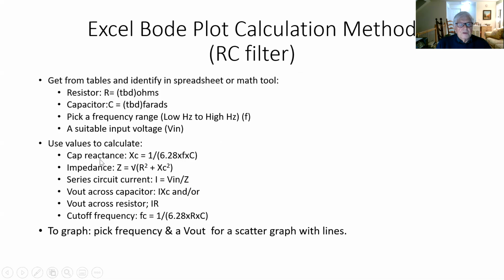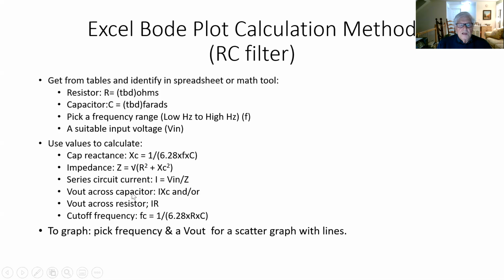And we know that the capacitive reactance is going to be equal to 1 over 2 pi FC. And we know that the impedance is going to be the square root of R squared plus the capacitive reactance squared. Once we find the impedance, we can get the current running through the circuit, which is the input voltage divided by the impedance.